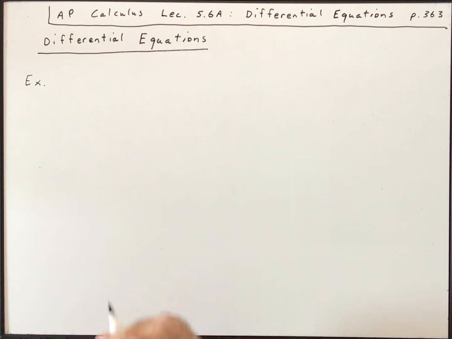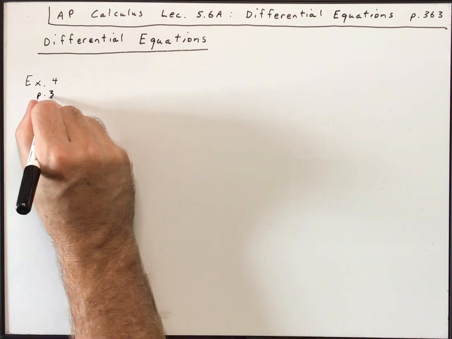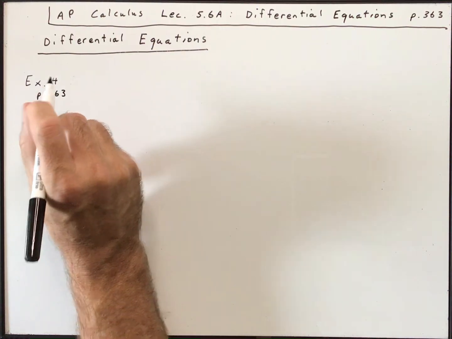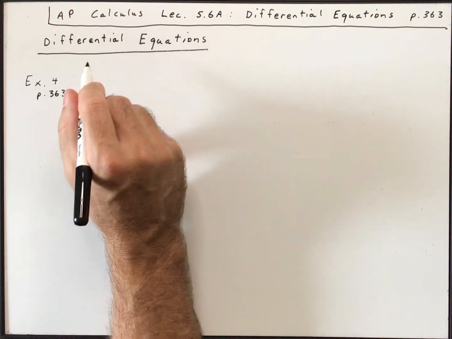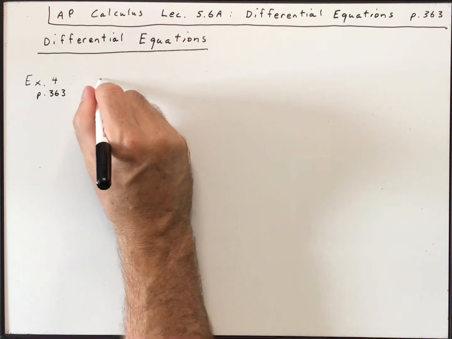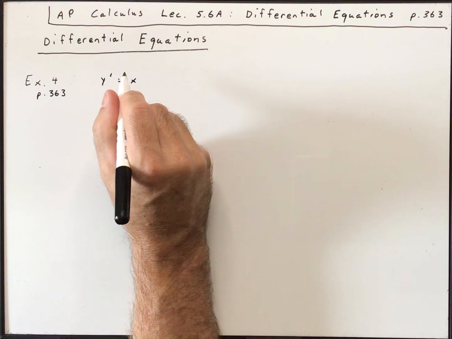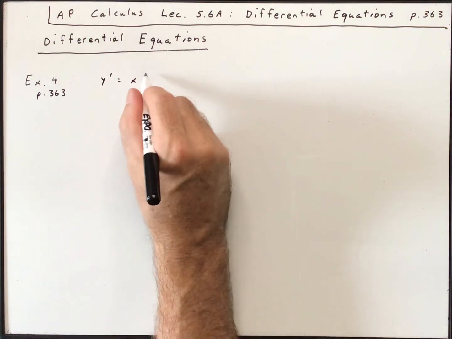Let's do another example. Let's look at example 4 on page 363. This is an example you really need to pay attention to. It says y prime is equal to x times 1 plus y.